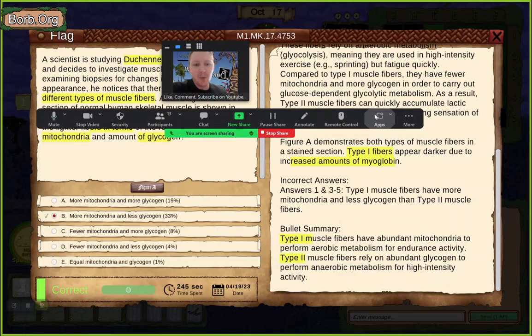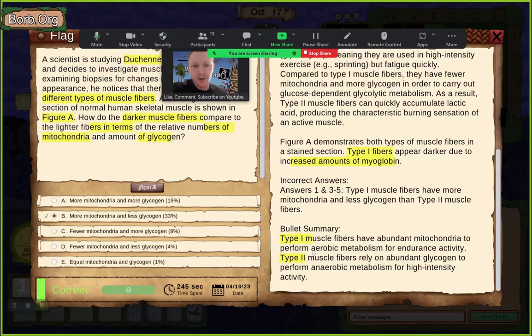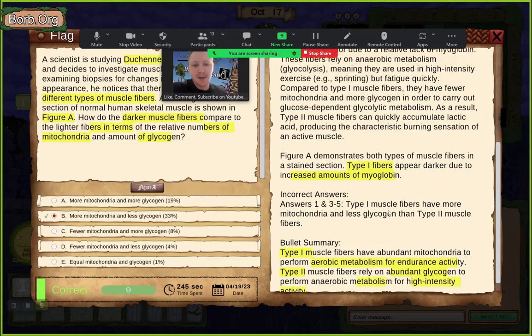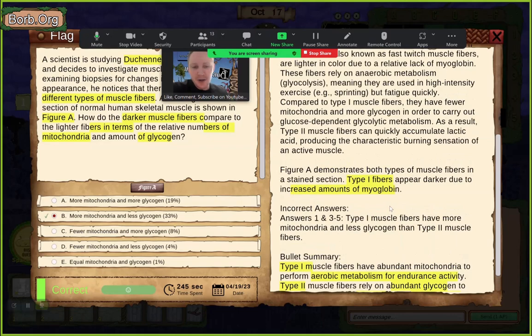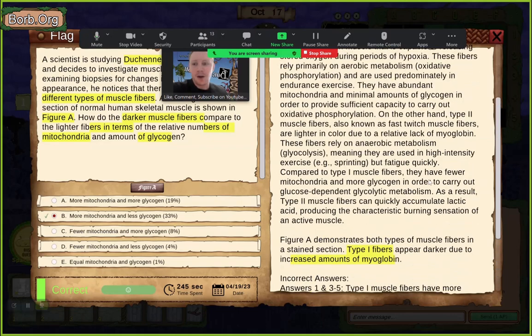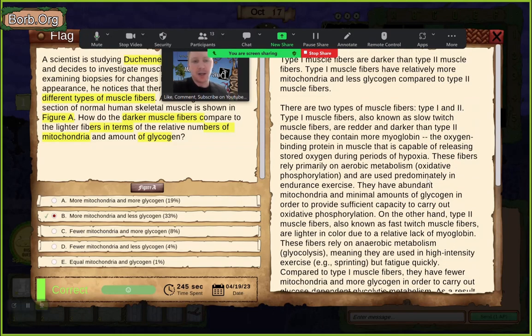The type 1 are abundant in mitochondria and perform aerobic metabolism for endurance activity, whereas high intensity activity is going to be abundant in glycogen and anaerobic metabolism. So you're absolutely right that the lighter fibers are going to be high in mitochondria and lower in glycogen. These are slow twitch muscles, and so the type 1 are slow twitch.